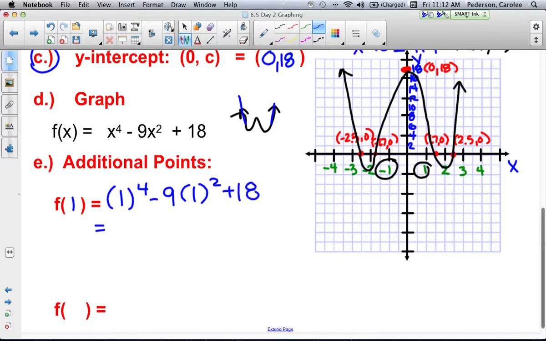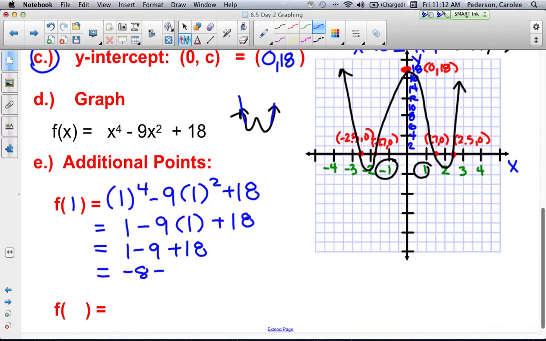Well, 1 times 1 times 1 times 1 is 1, minus 9, 1 squared is 1, and then 1 minus 9 plus 18. 1 minus 9 is negative 8, plus 18 is 10.